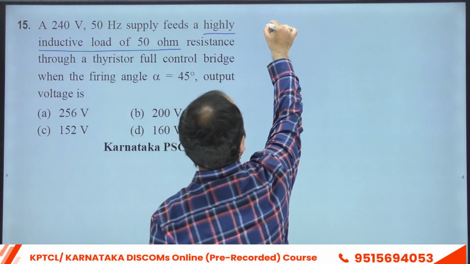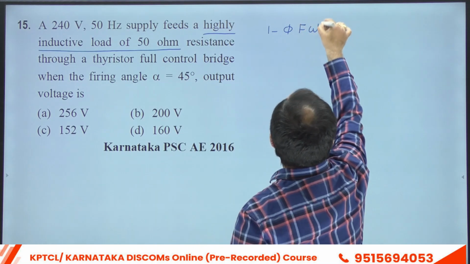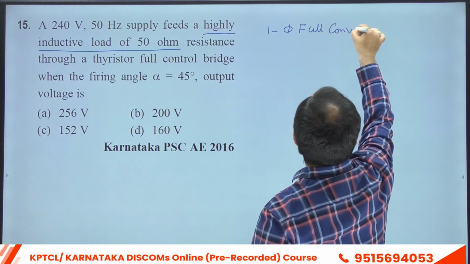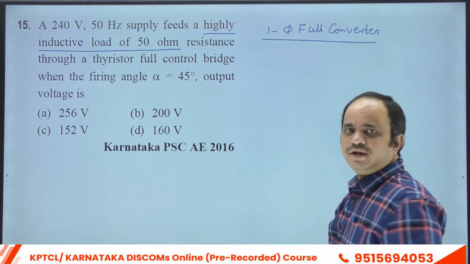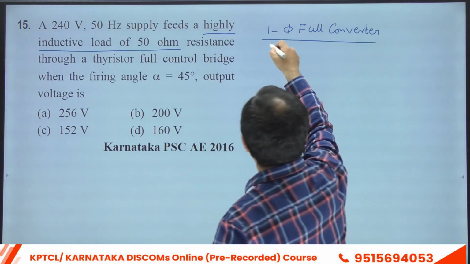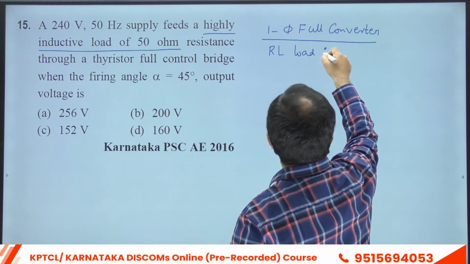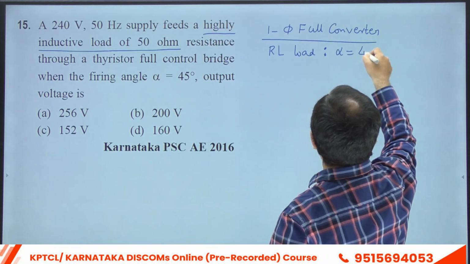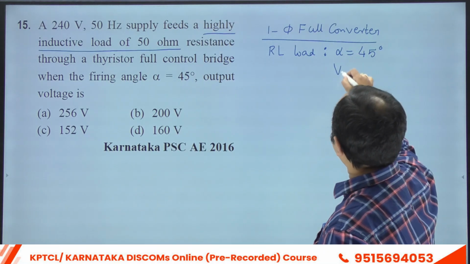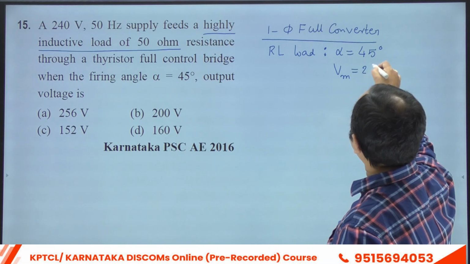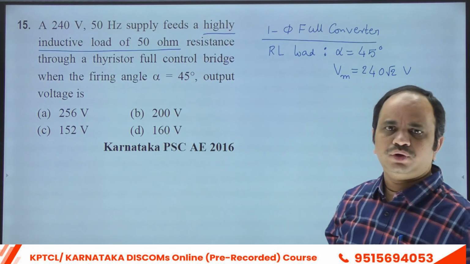The circuit given is a single phase full converter bridge. The load is RL load, alpha is 45 degree, and the source voltage is Vm equal to 240 into root 2 volt.